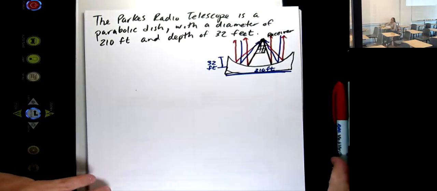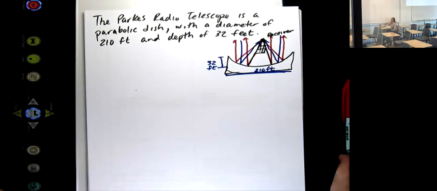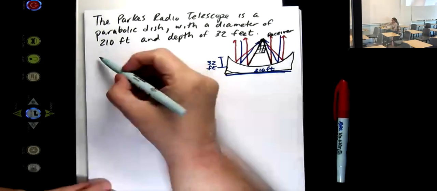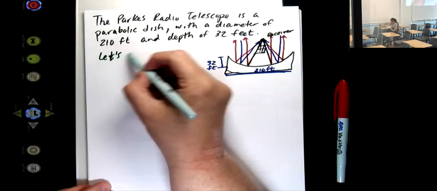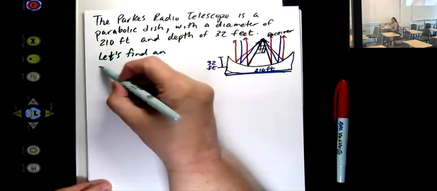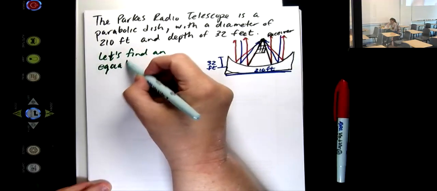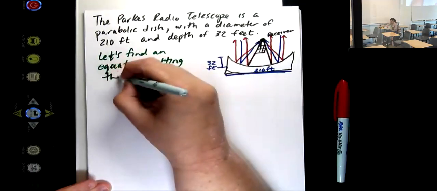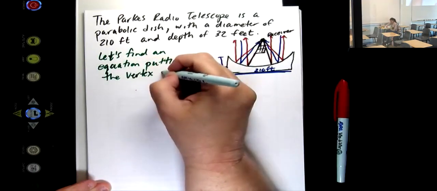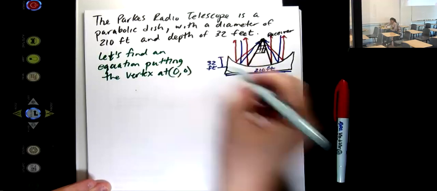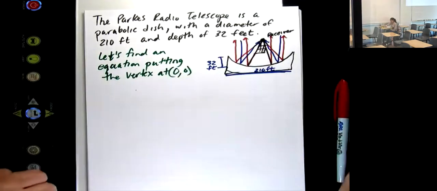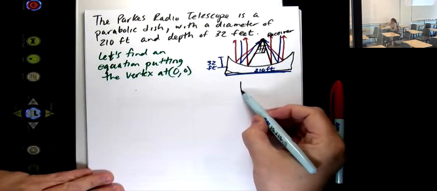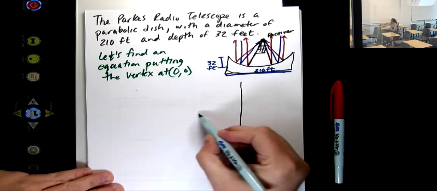So, can we come up with an equation? Let's find an equation putting the vertex at the origin. I'm going to draw some coordinate system.